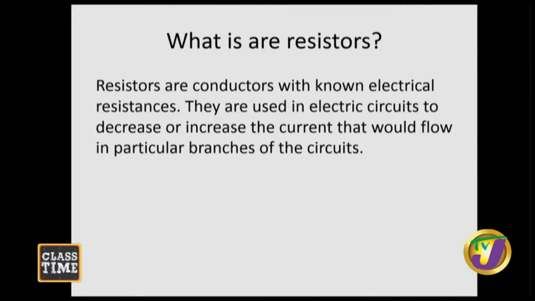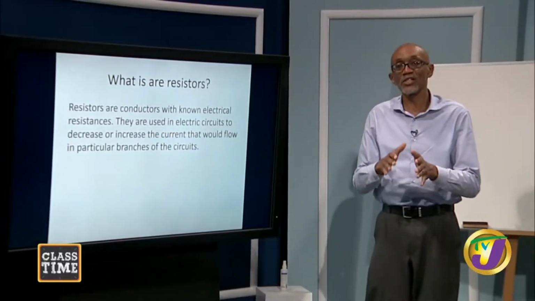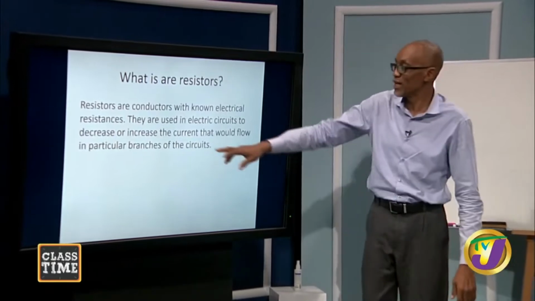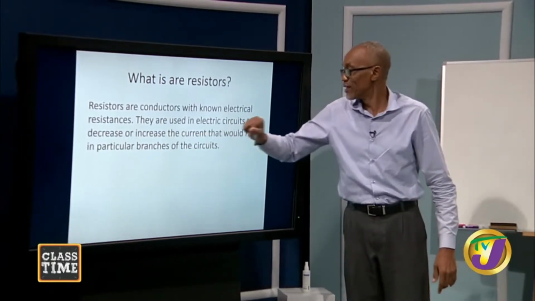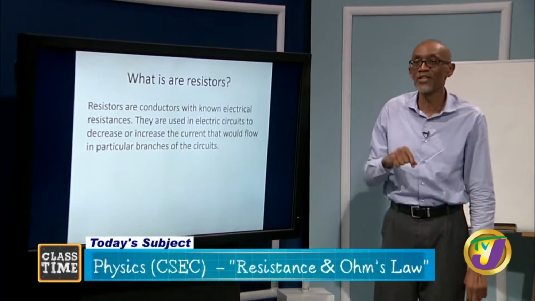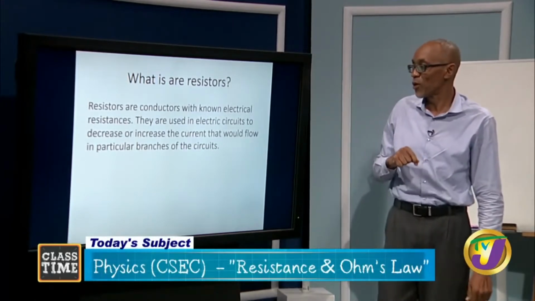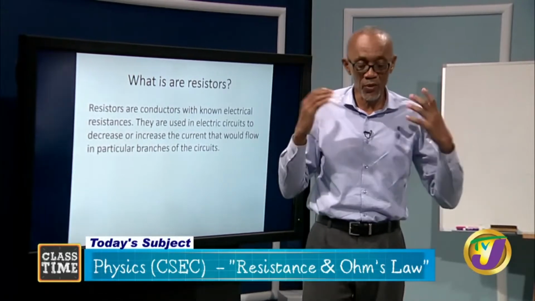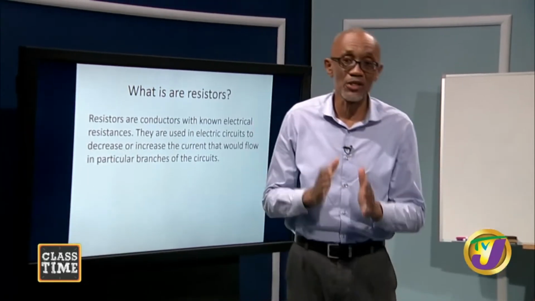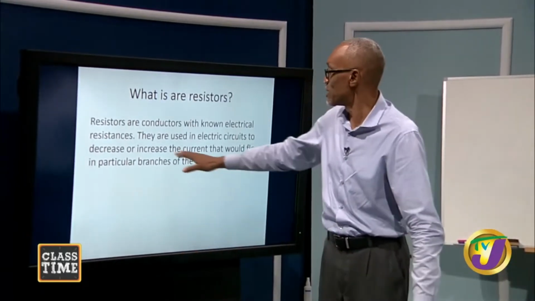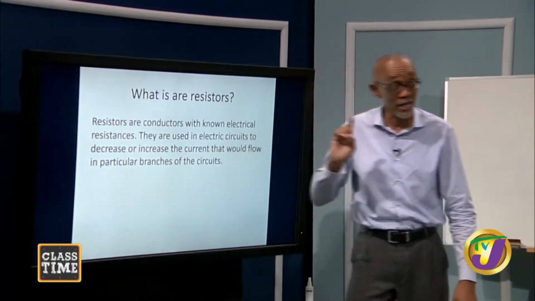Now I'm sure you must be a little curious: we said that resistances cause the current to reduce, yet I'm saying that resistors can be used to decrease or increase current that would flow in particular branches of the circuit. Remember we said that if you have a resistance, the current is reduced, but this statement says decrease or increase.